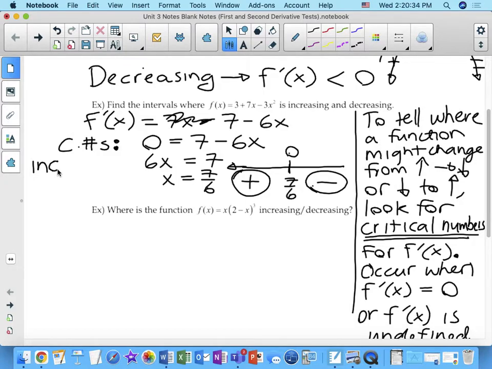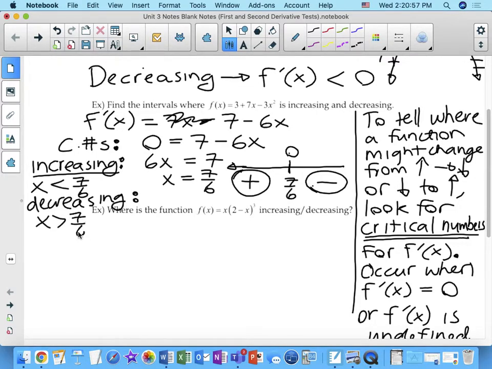So it's increasing when x is less than 7 over 6, and this will decrease when x is greater than 7 over 6. Okay?